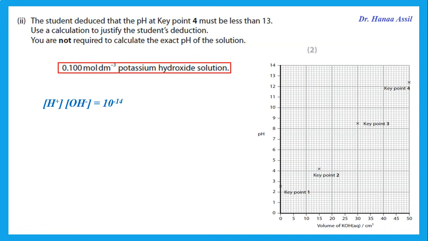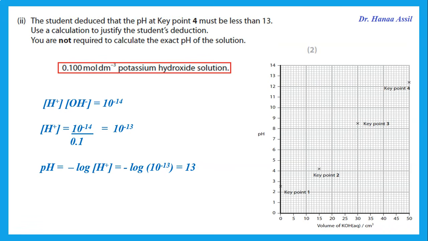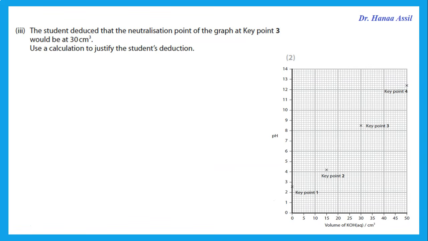So the concentration of H+ times OH- is 10^-14. I can use that value to get the concentration of H+. So the concentration of H+ is 10^-13, and the pH is minus the log of that. So the pH comes to about 13. So that means the pH is around that at key point 4.